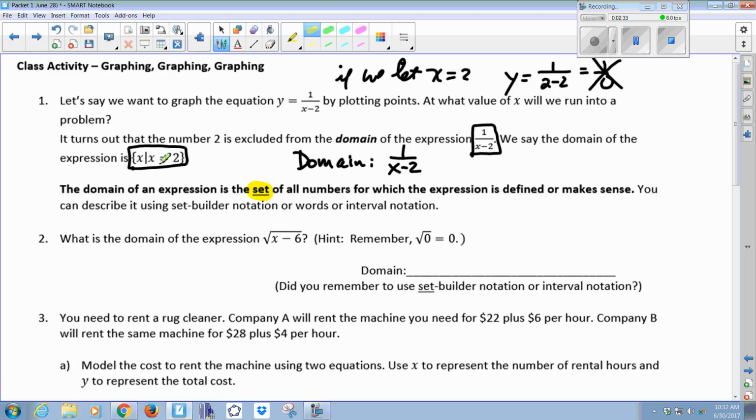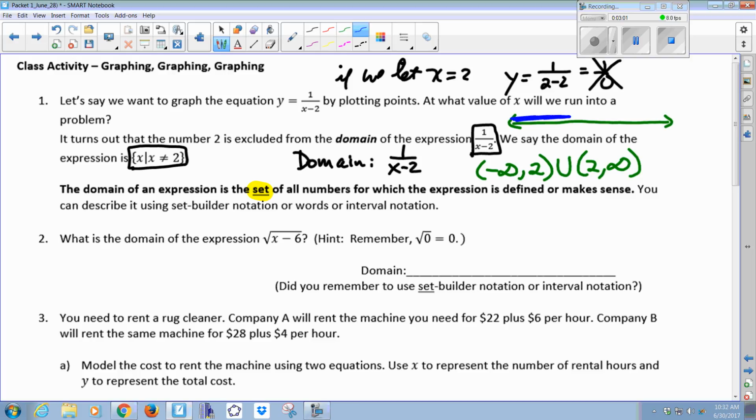It's excluded. If we use interval notation for this domain, remember, interval notation says it's any number from -infinity up to 2, parenthesis, because 2 is not included, and then we union that with all the numbers from 2 to +infinity. So on a number line, it would look like this.